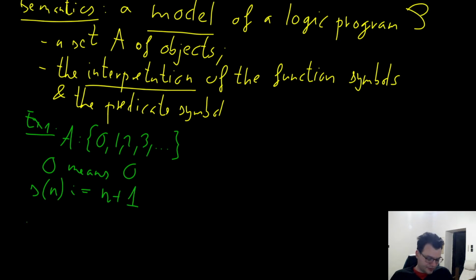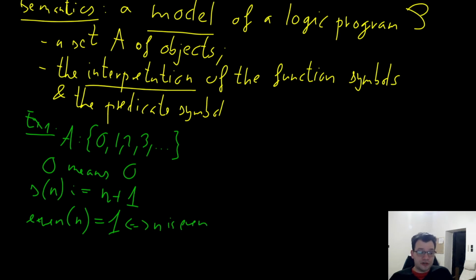Even n: even is a predicate, so I should tell when this predicate is true. Even n is true or false. True is denoted by 1, false is denoted by 0. So even n is 1 if and only if n is even.